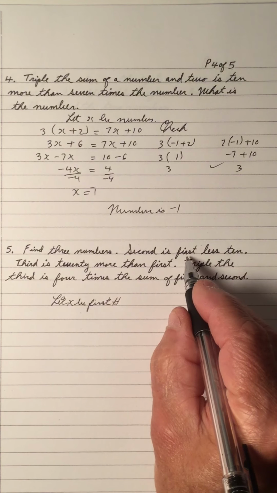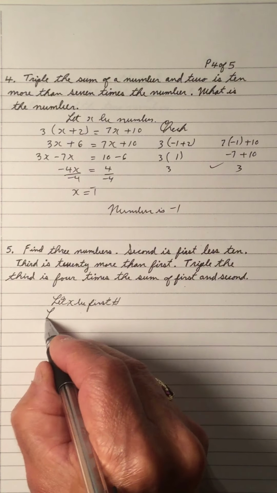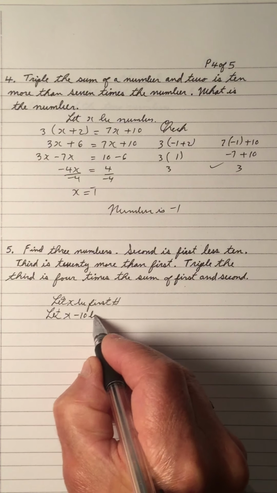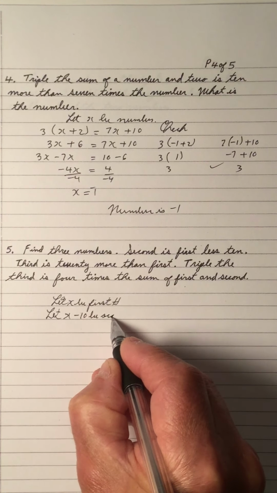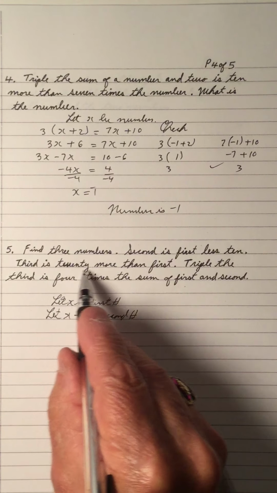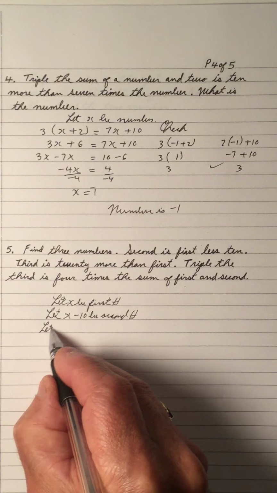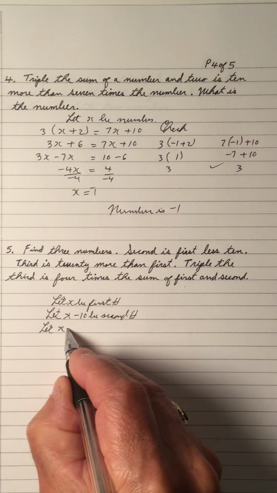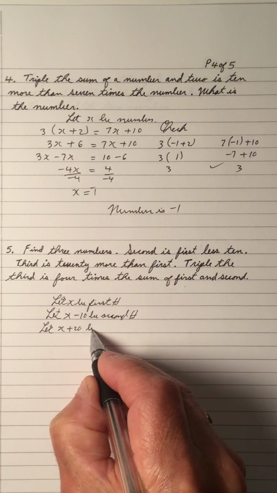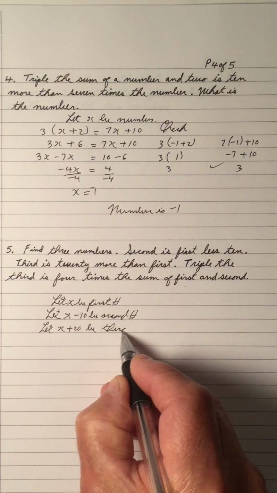The second is the first less 10. So the first less 10 is subtract, x minus 10, is the second number. The third is 20 more than the first. So you add on 20. The first is x, so it's x plus 20, be the third.